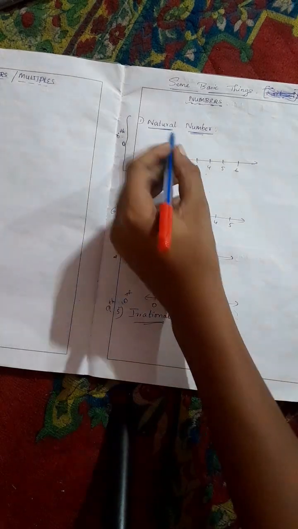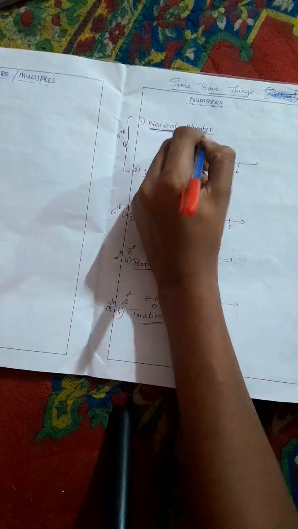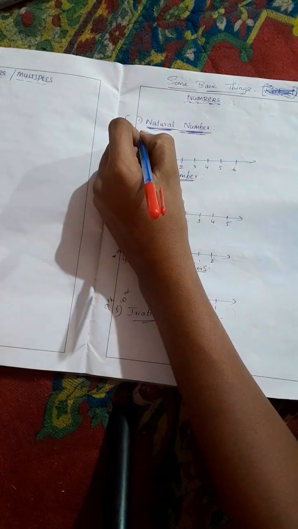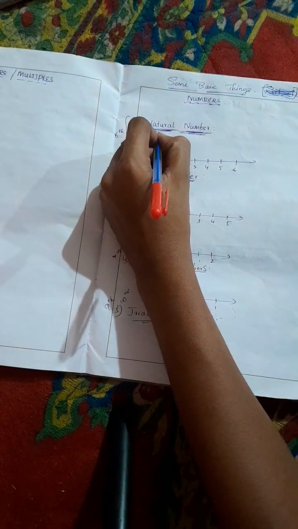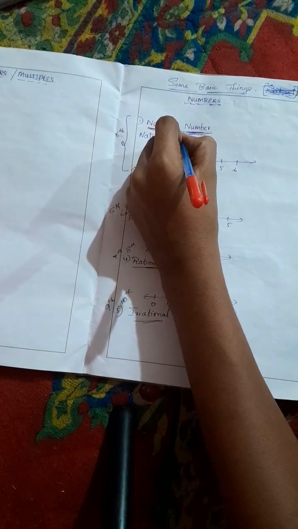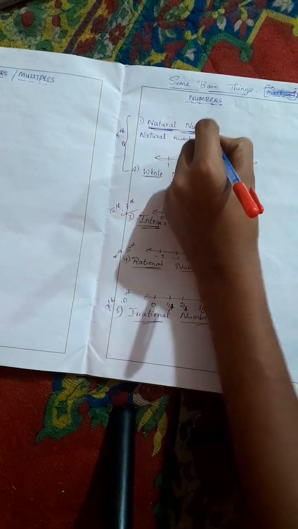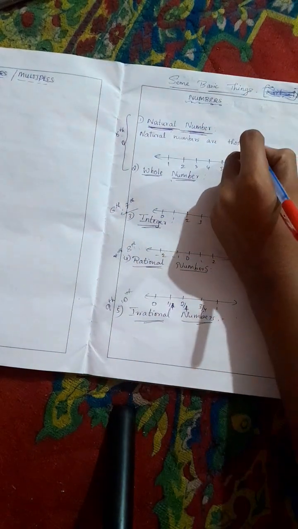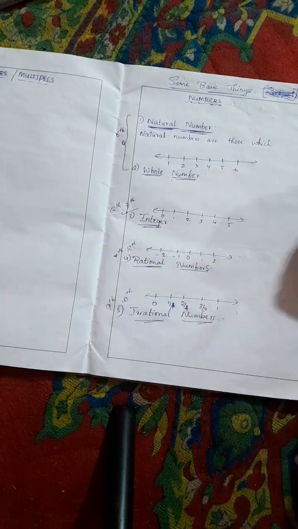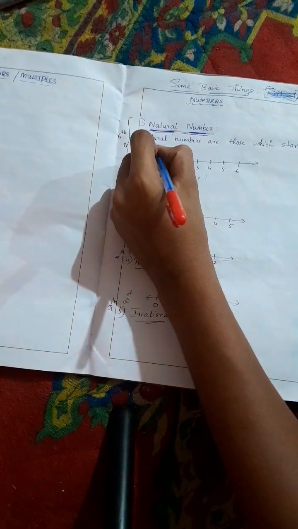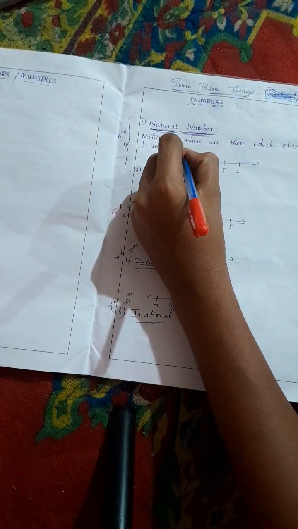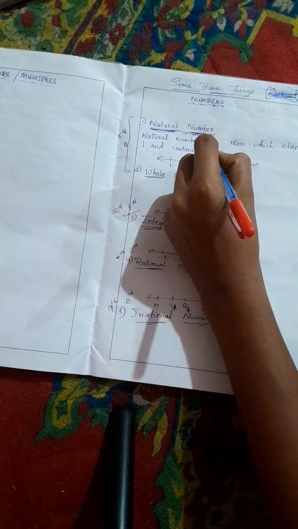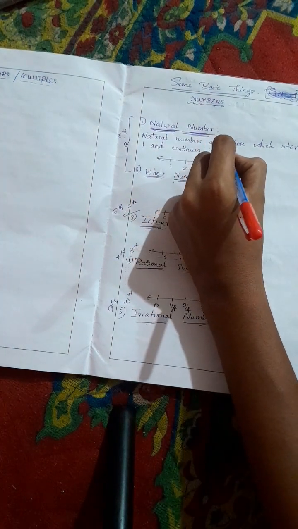Okay, so what are natural numbers? Natural numbers are those which start from 1 and continue infinitely.